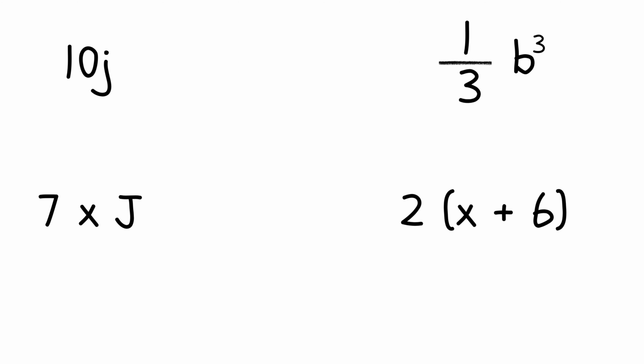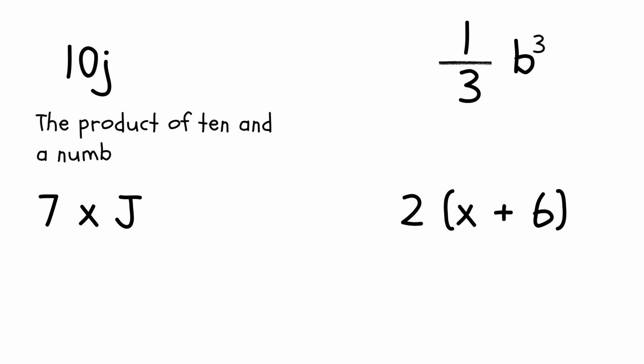Now, let's move on to writing expressions that involve multiplication. The first expression is 10j. We can express this as the product of 10 and a number. Next, we have 1/3 b cubed. This can be written as the product of 1/3 and b cubed.